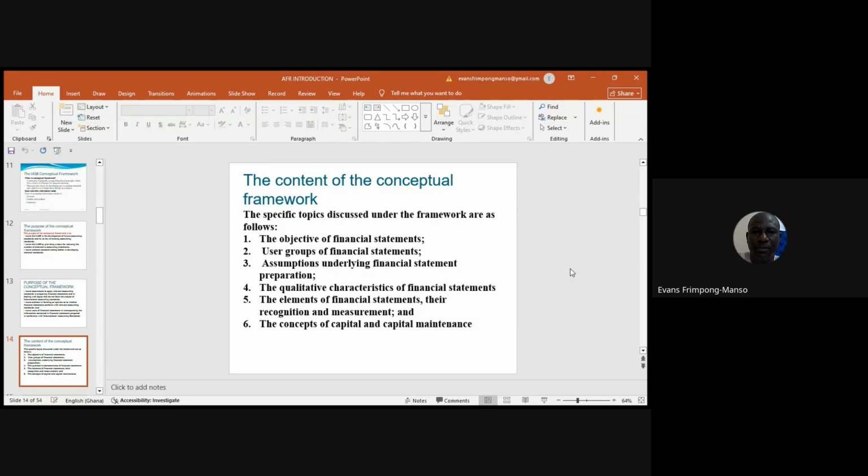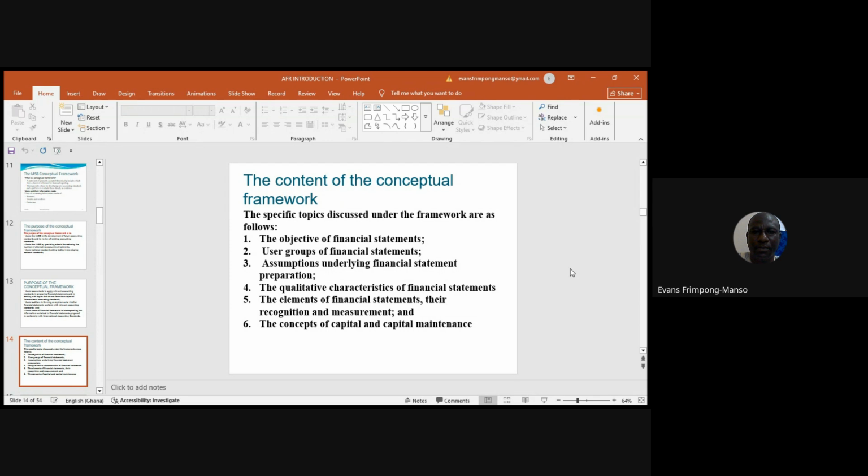When you go to part 3 of the conceptual framework, it talks about the assumptions underlying how financial statements are prepared. Part 4 talks about the qualitative characteristics of financial statements.